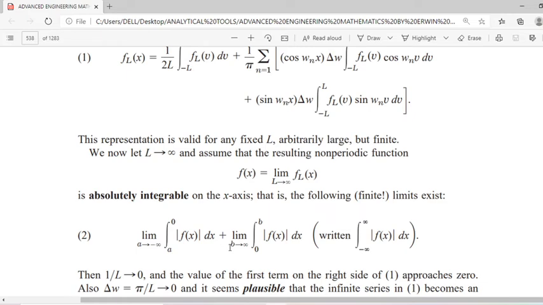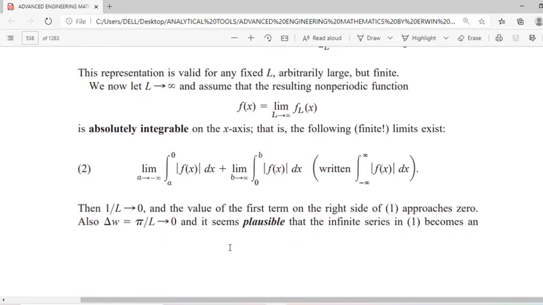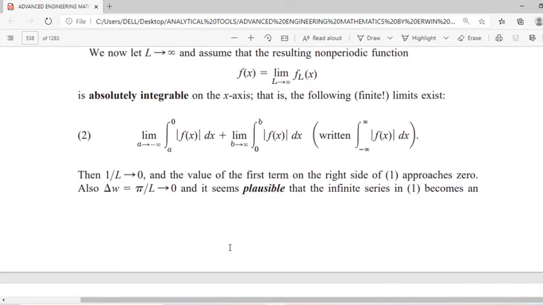And we are considering that this is absolutely integrable. That means f is integrable, that we are assuming. Okay. So we are assuming the integrability of function f.